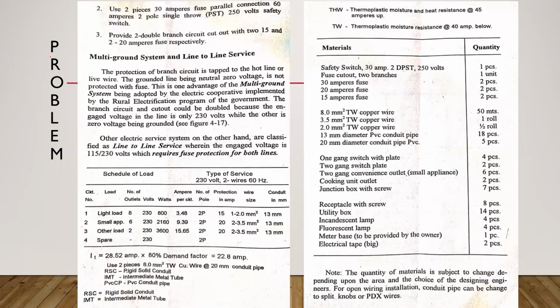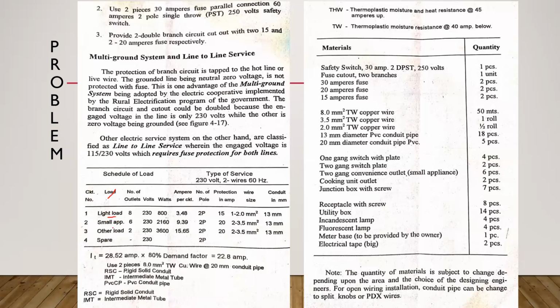So since natapos na tayo sa ating computation, we can have the schedule of loads. So yung ating number of circuits is 3, pero bibigay tayo ng spare, so meron tayong 4. Sa load, we will put yung ating mga description ng ating circuit number. Ano yung loads doon sa ating number.